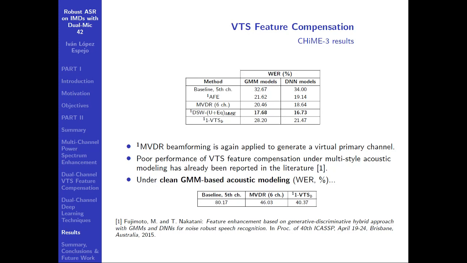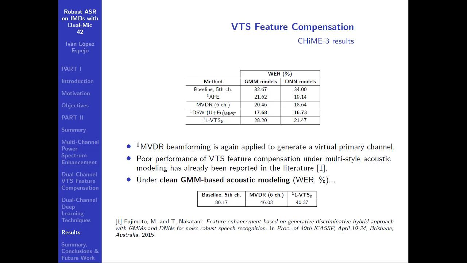Unfortunately, a more precise explanation for this fact is not given. While VTS feature compensation still improves NVIDIA beamforming under clean acoustic modeling, this word error rate result is still too high in comparison with a simple multi-condition scheme. This way, no more VTS results have been reported here, as this is the general trend for this task.